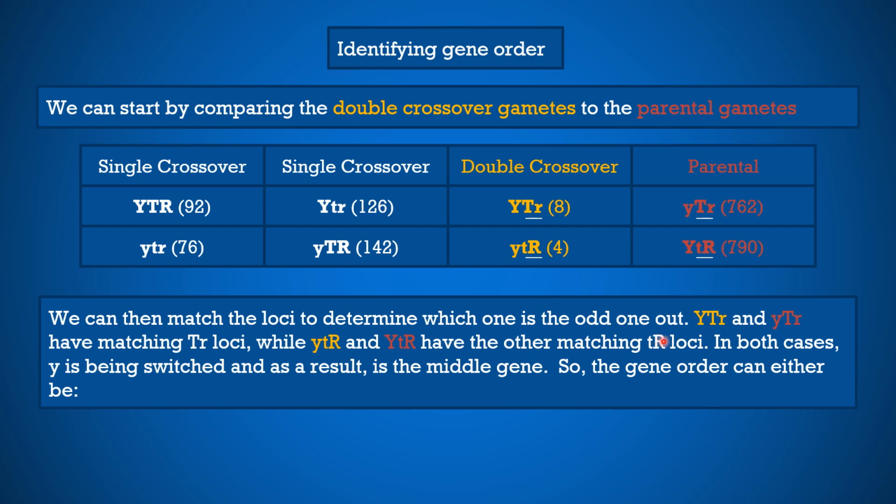In our case, we see that big T and small r are the same in the parental top two, and small t large r and small t large r are a pair found in the bottom two here. So between parental and double crossover, Y is the gene that is being switched, and as a result, that's the one that we know is in the middle.